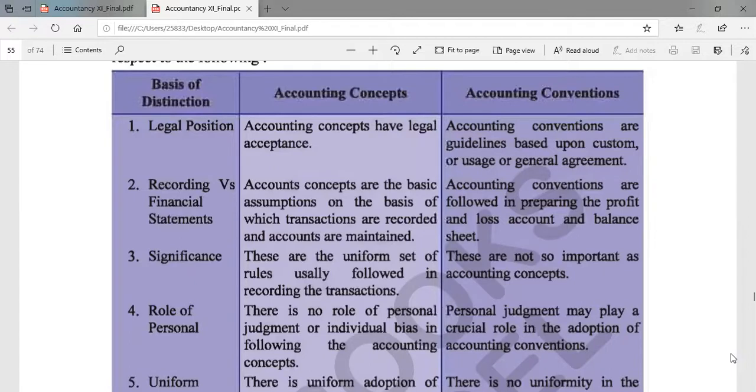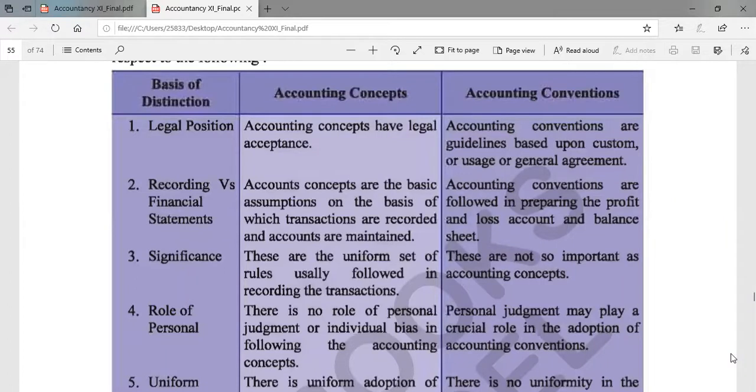But what do accounting conventions focus on? The basic focus of accounting conventions is on your financial statements, that means trading, P&L and balance sheet, right? They are not going to deal with the recording part, but with the preparation of the financial statements, that means the final outcome. So when we talk about conventions, they focus on the end result, and concepts focus on the beginning of the process, that means how we should record the transaction.